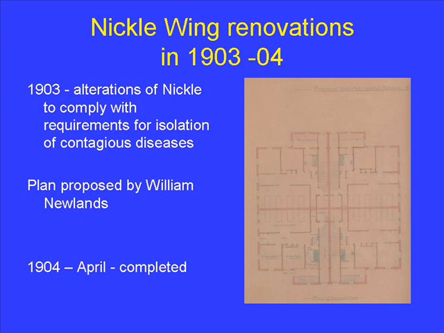And you can see faintly the larger wards for diphtheria and scarlet fever, and individual bed rooms for other patients and for the nurses. The Board of Governors, again faced with the problem of not enough money, said that they had to do something, so they went ahead, and these renovations were completed in 1904.